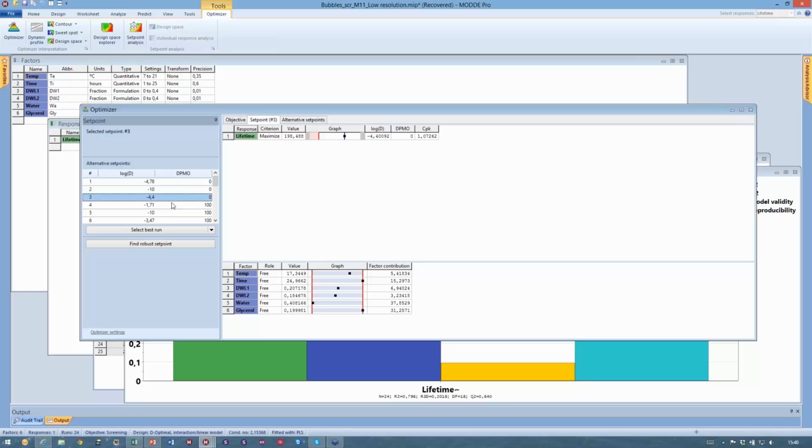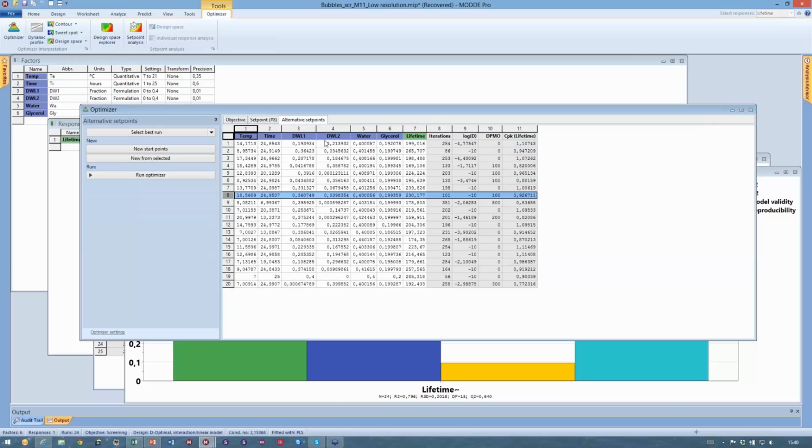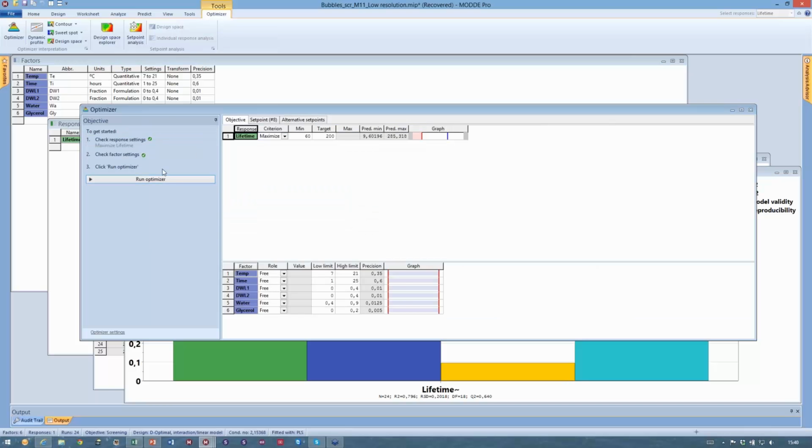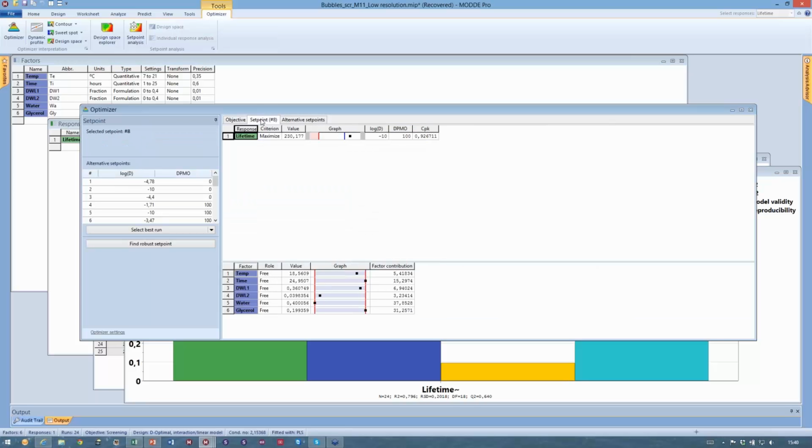So you can select any one of these set points, and you can see how the factor combination of that particular set point is changing, and also how the predicted value is changing. All these 20 set points that are also detailed in the alternative set points tab are mathematically optimal in some respect.